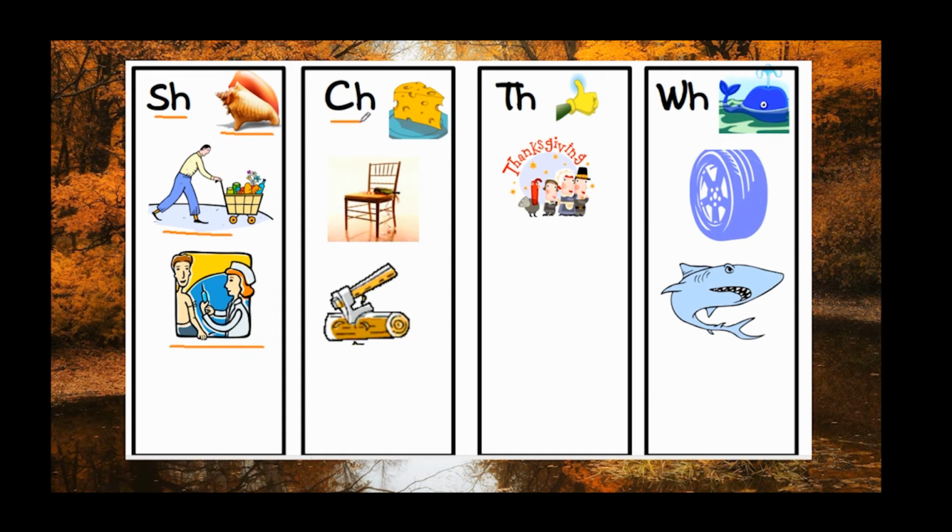Moving on to our CH digraph, we have cheese, chair, and then this new one, it's an axe and a log. Well, it looks like they're chopping it in half, so chop. And try to say them out loud real quickly. So cheese, chair, chop. Well, I keep hearing that same CH sound.